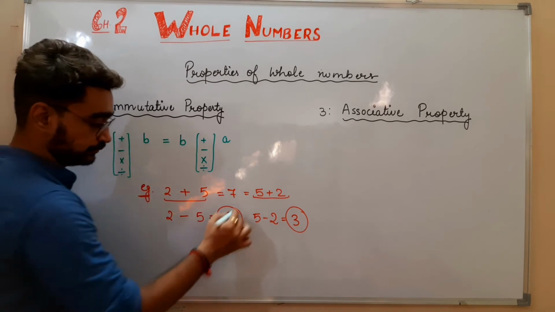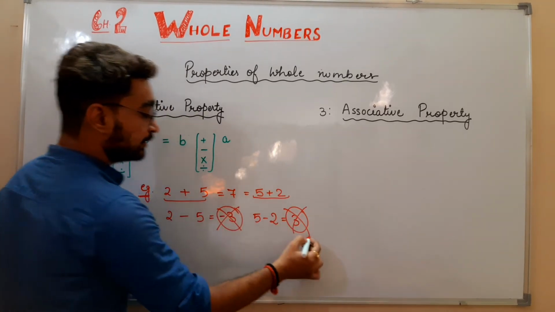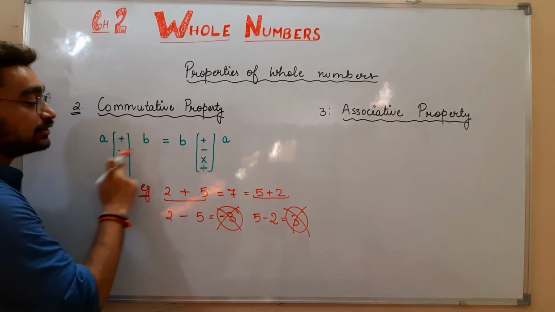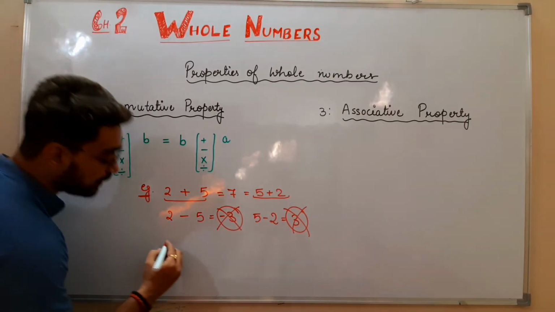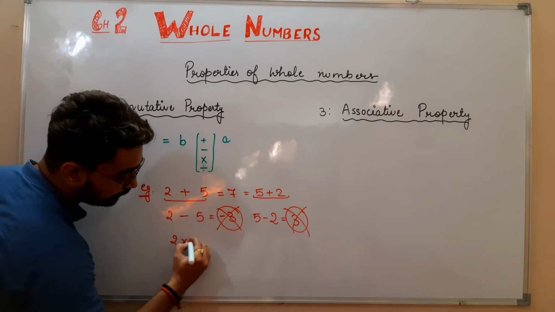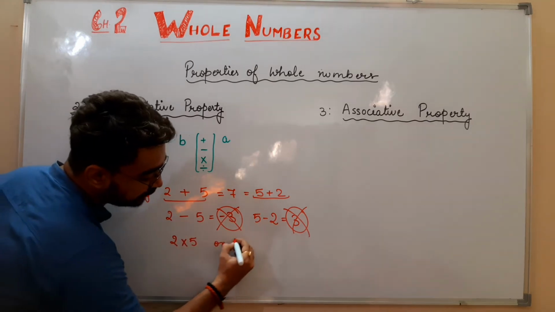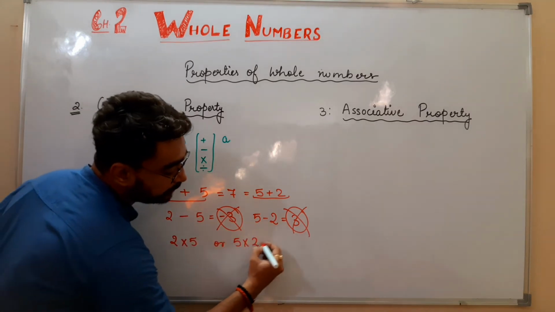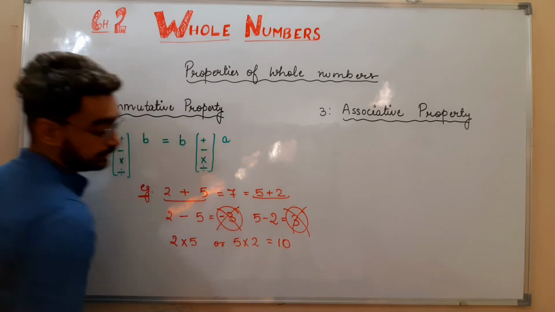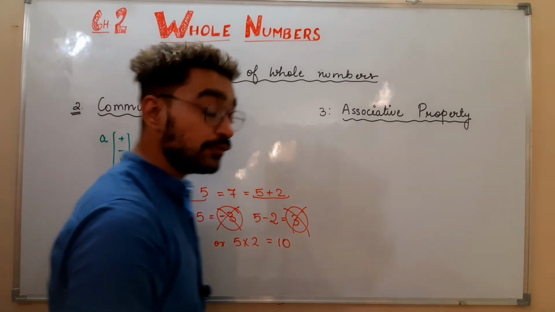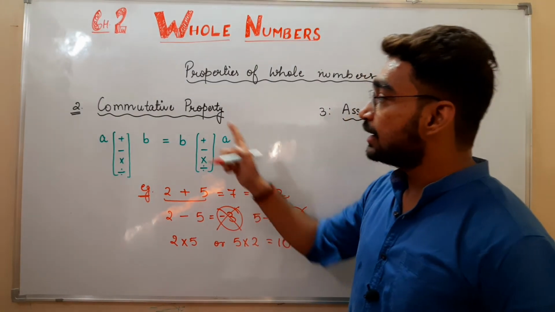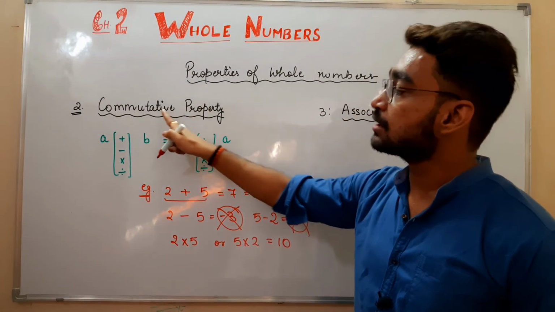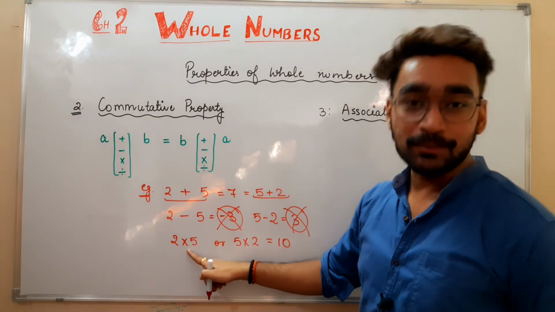No. So under subtraction, the commutative property is not applicable. In the case of multiplication, 2 into 5 or 5 into 2 both give 10. That is why we can say that whole numbers are commutative under multiplication.